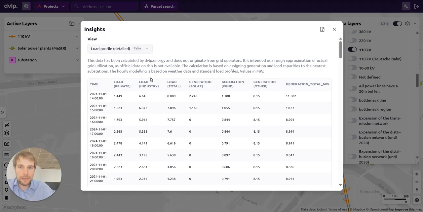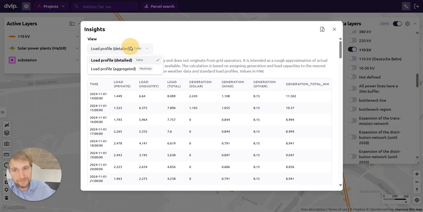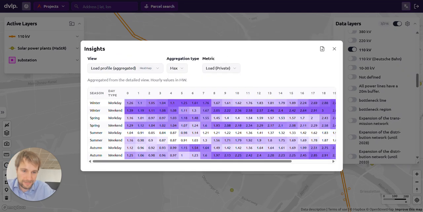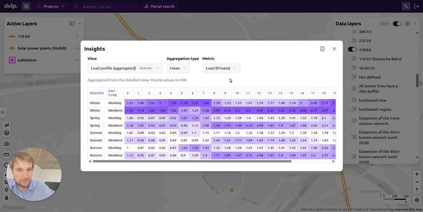There is a detailed profile over the past 12 months again of the different loads and the different generation capacities. And these are also available here in this more graphical overview, which I'm going to use now. We can select from a max capacity and a mean capacity level, depending on the degree of conservativeness in our assessment.